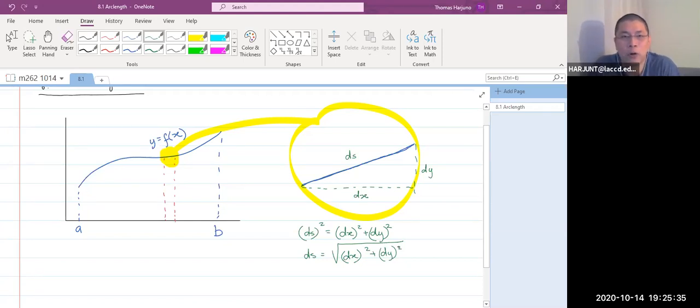Now that's for that one section. The thing is, along this curve, there are a lot of such sections that I will add. Can you imagine, right? And it has to be super small, very, very small.